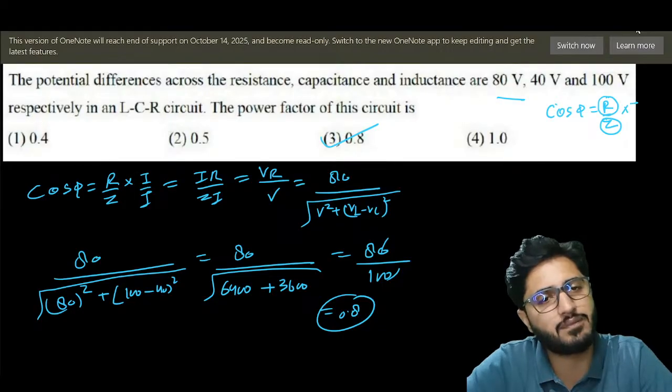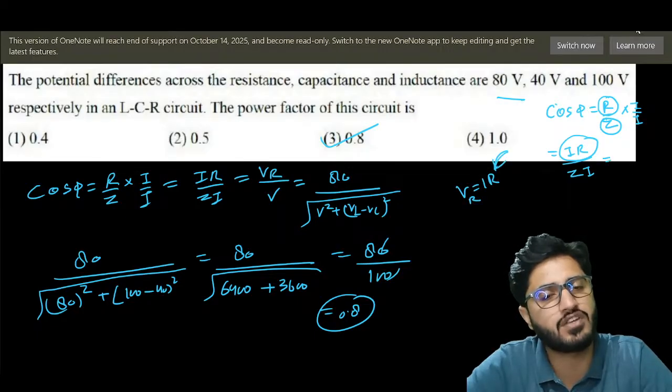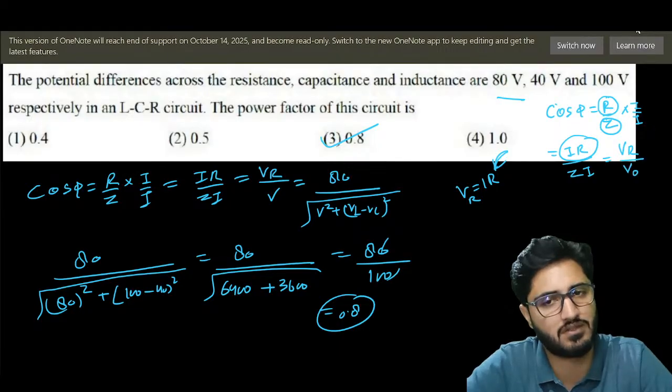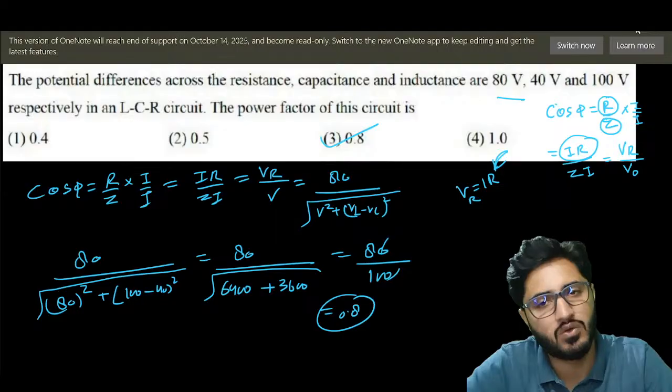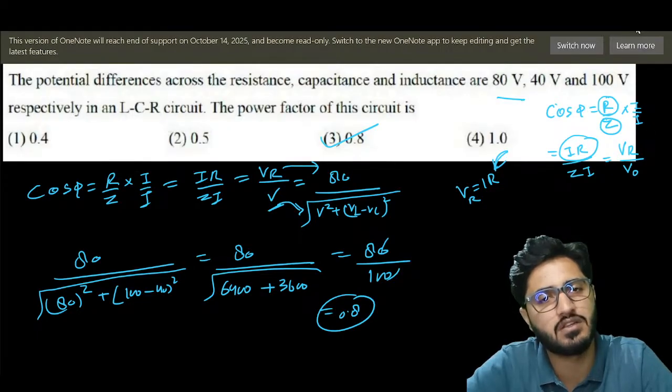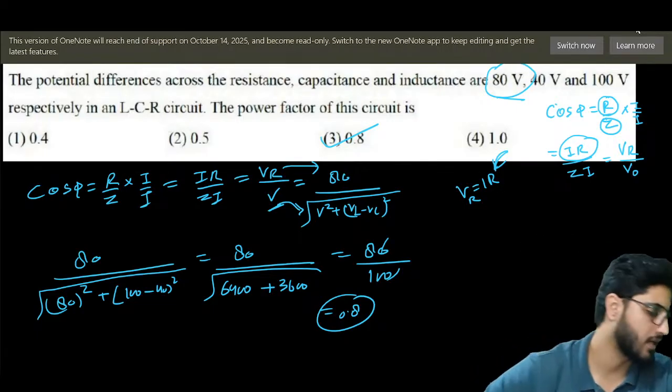So if I just multiply I with I, there is no issue. So we will get IR and Z times I. What is IR? By Ohm's law, V equals IR. We are talking resistance here, so it will become VR, potential across the resistor. This is the potential across the LCR circuit. So what is the potential across LCR? It is square root of VR square plus VL minus VC whole square. VR is 80, as given. Then all is mathematical calculation.